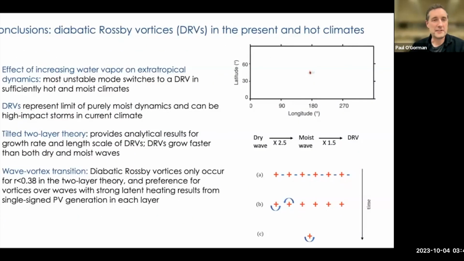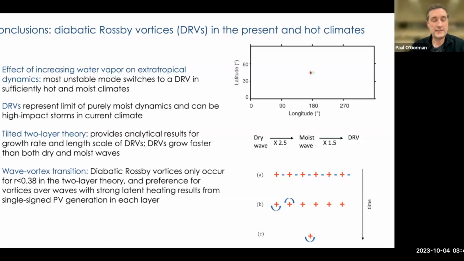Okay, so to conclude, we've talked about these diabatic Rossby vortices in the present and hot climates. The effect of increasing water vapor on extratropical dynamics is a really interesting one that's interested me for a long time. One aspect is the most unstable mode switches to a vortex in sufficiently hot and moist climates. So I think that's really fascinating.